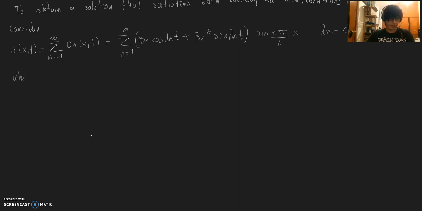So this is telling you that Bn is equal to 2 over L. Sorry, I skipped some part of the development. So we now need to satisfy the initial condition of displacement.